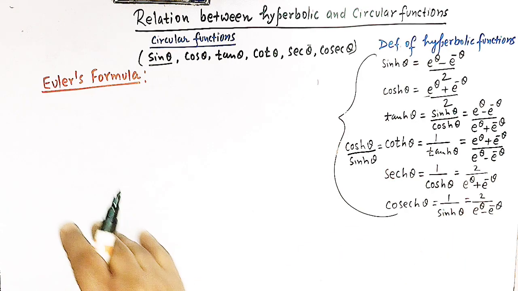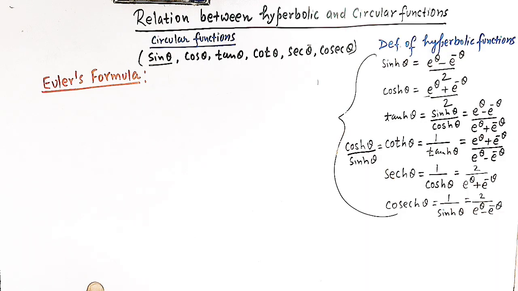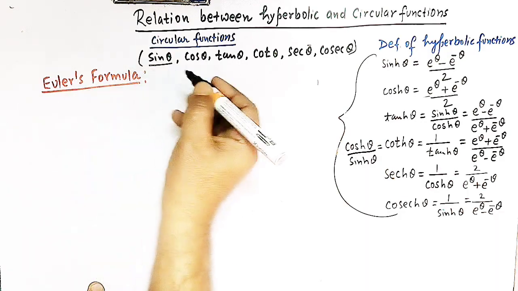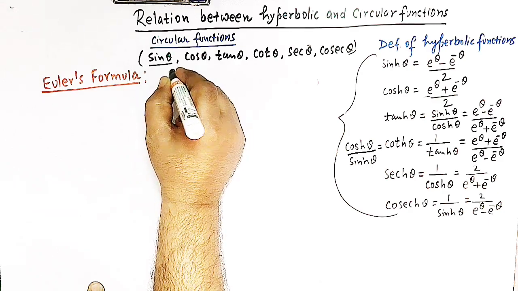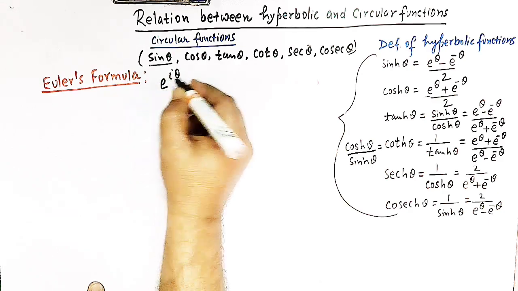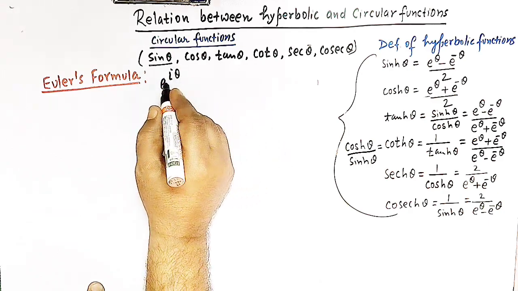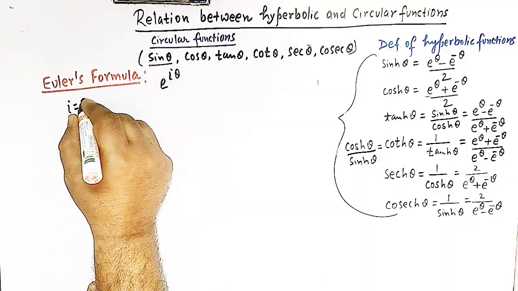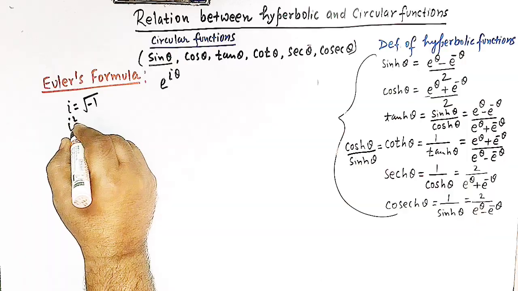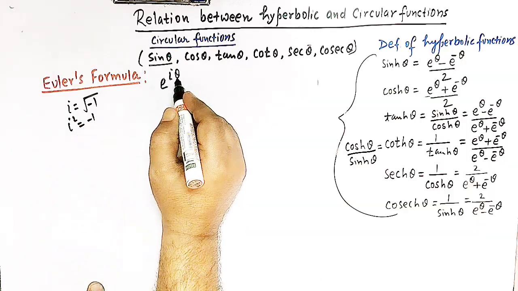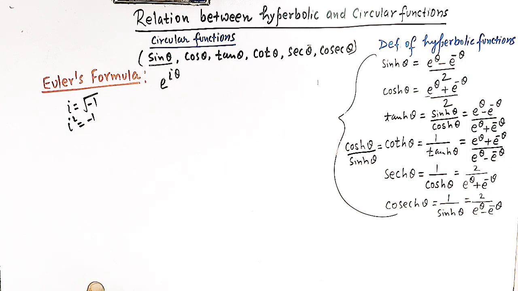So now let us start with the famous Euler's formula. Now the famous Euler's formula states that we have e raised to i theta, where this i is the iota, that is equal to the square root of -1, or i square is equal to -1, and theta is real or complex.